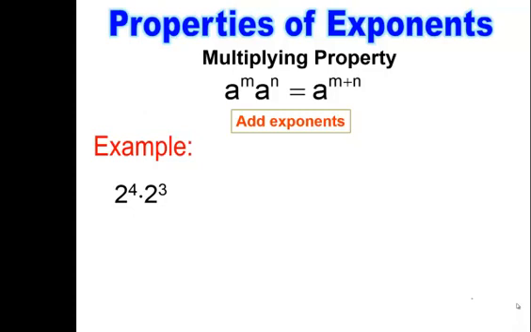When you have like bases with exponents, the first thing you do is add the exponents. So you end up with 2 to the 7th power, since 4 plus 3 equals 7.